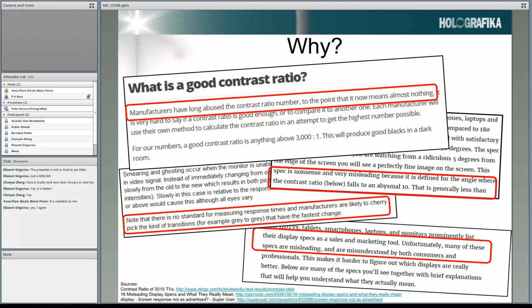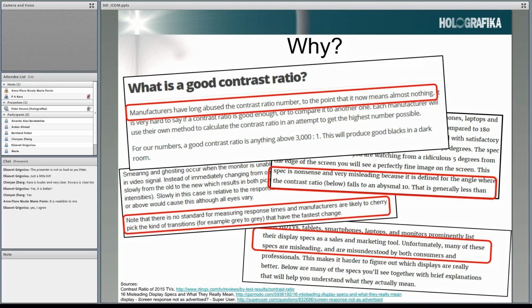The reason is that the way these metrics are measured was, at least in the past, kind of arbitrary. They were basically used as a marketing tool by manufacturers. Whoever has the highest number can say, hey, I have the best display possible.